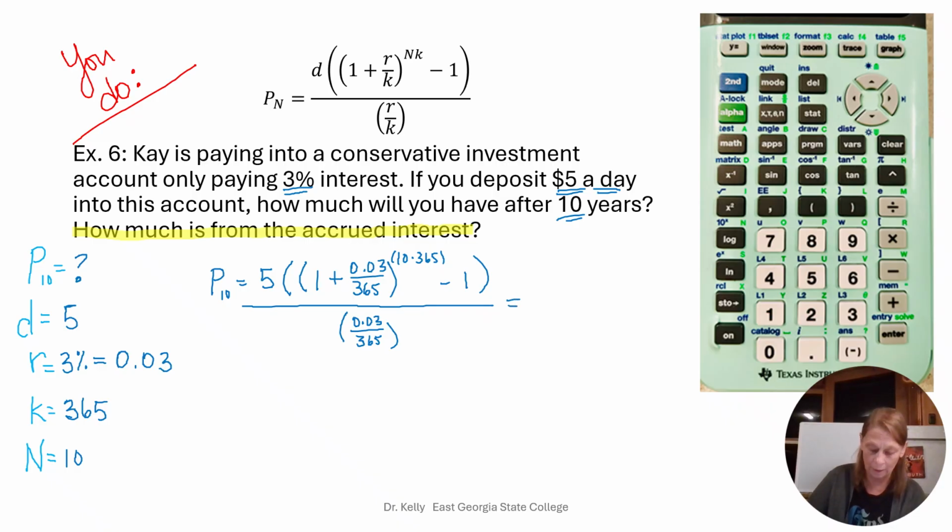Okay, I'm going to go ahead and give you the answer here, and then I'll write out the calculator steps. The answer is $21,282.07. So here are the calculator steps.